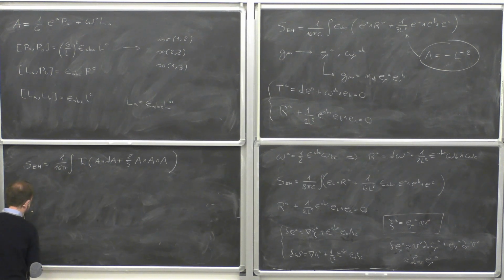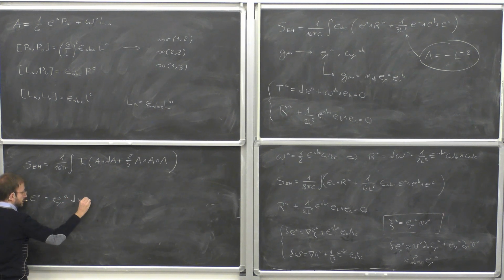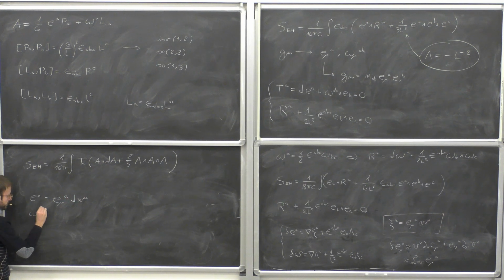So essentially here what I introduced is a one-form, E^A, and being a one-form, I can write it in this particular way. And the same is true for the spin connection.